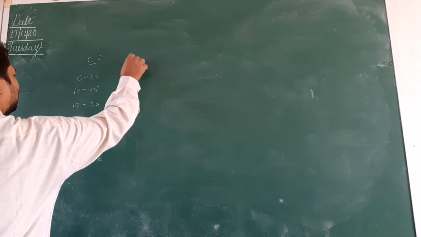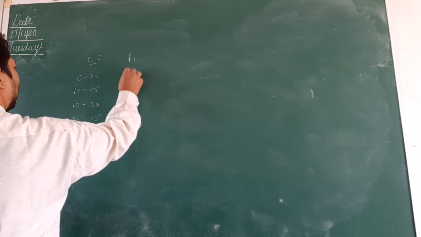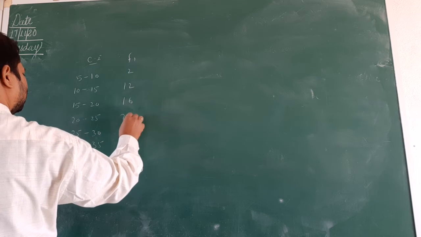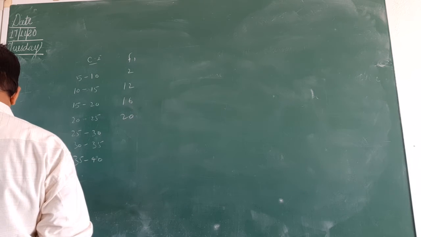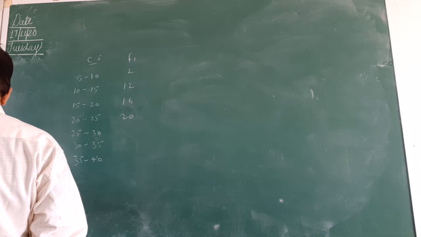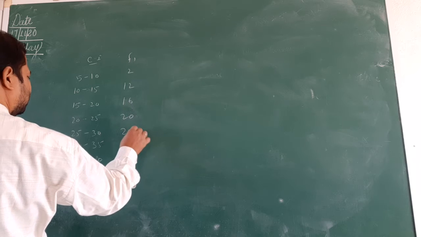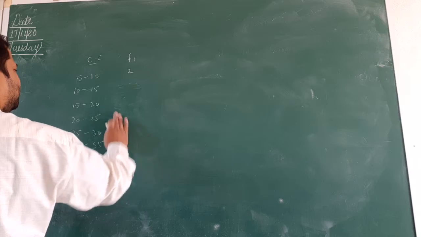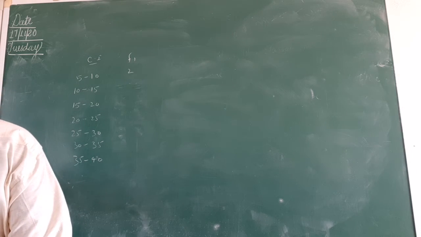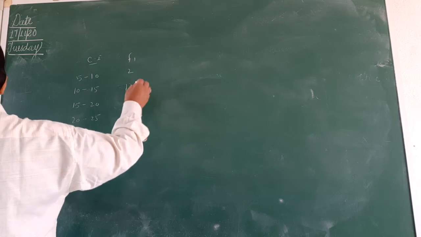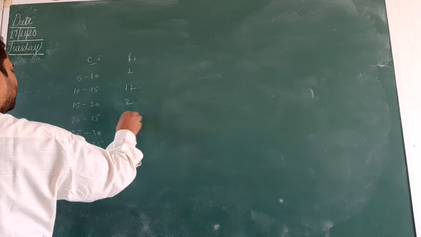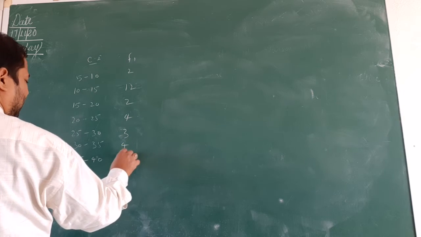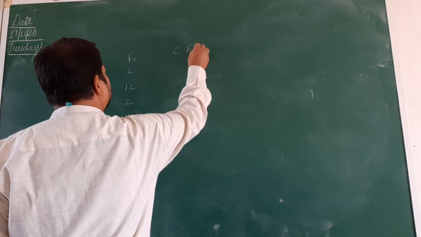And what is the frequency? Frequency is 2, 12, 2, 4, 3, 4, 3. And here, cumulative frequency.